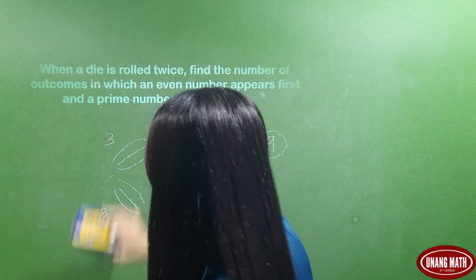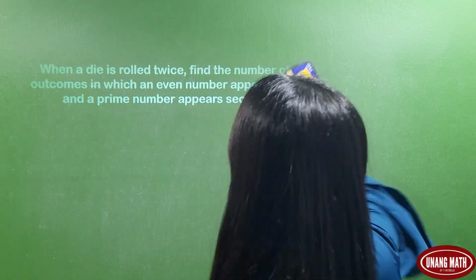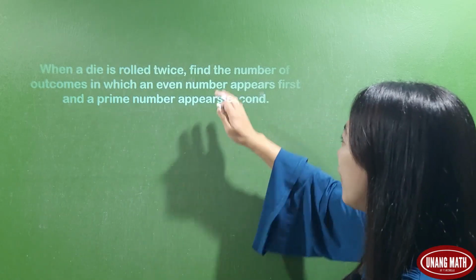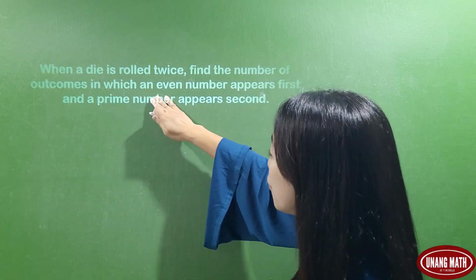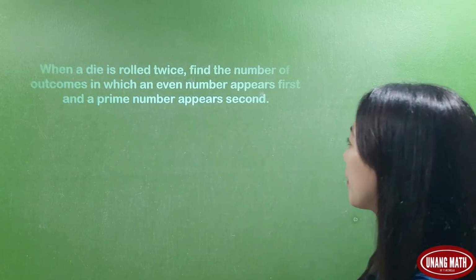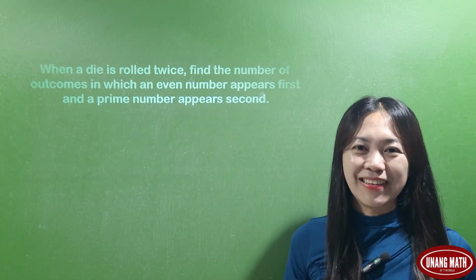This time, let's answer this simple question. When a die is rolled twice, find the number of outcomes in which an even number appears first and a prime number appears second.